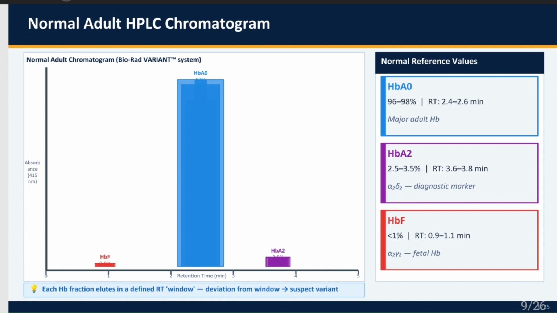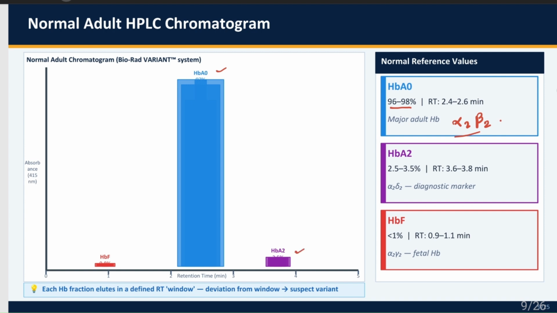This is a normal adult HPLC chromatogram which is showing normal adult hemoglobin around 96 to 98%. This is the major adult hemoglobin, that is alpha 2 beta 2, containing 2 alpha chains and 2 beta chains.